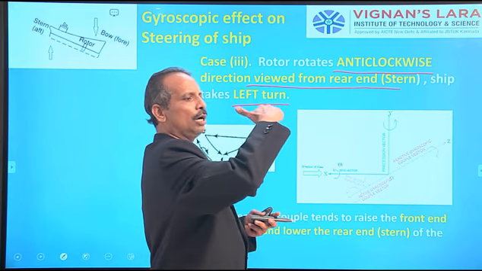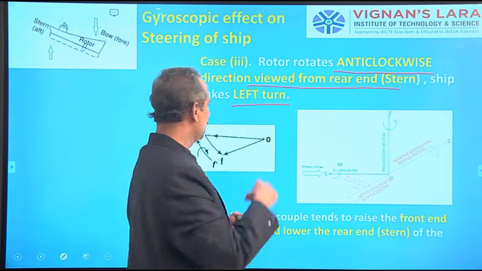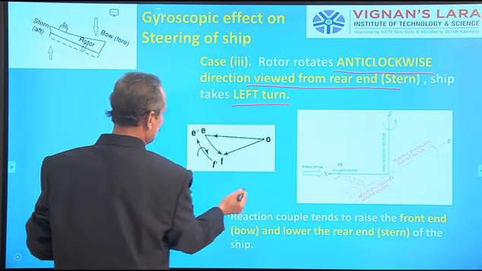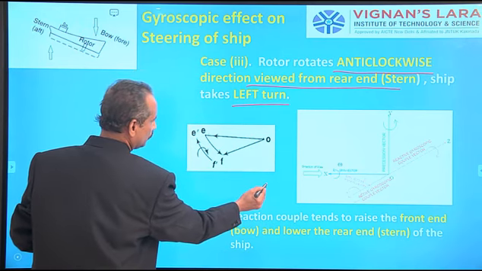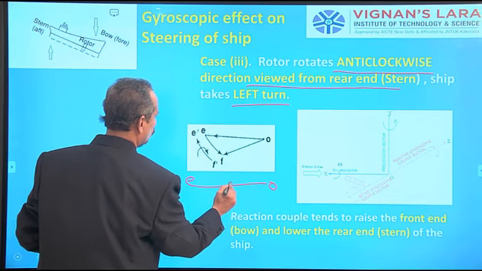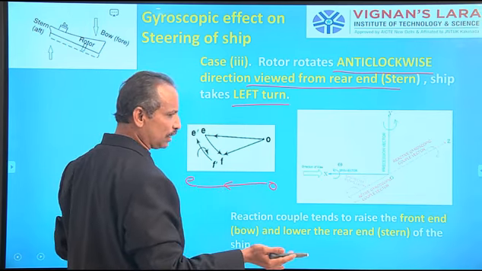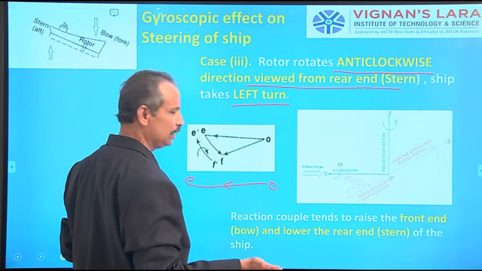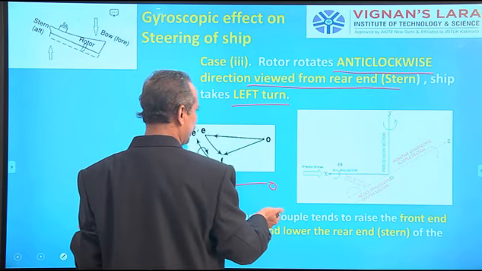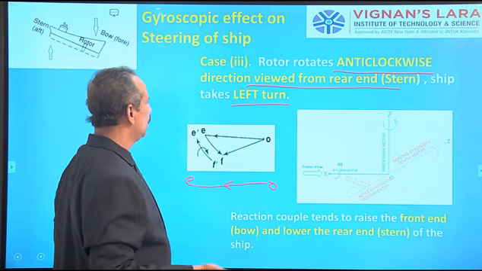When it is rotating counterclockwise, my thumb is indicating towards left. That is my spin vector. It is left, isn't it? For me, if I watch like this, it is left. It is O to E, left.